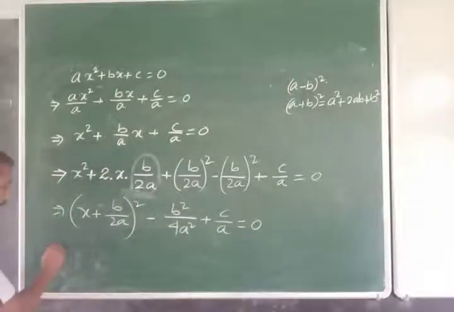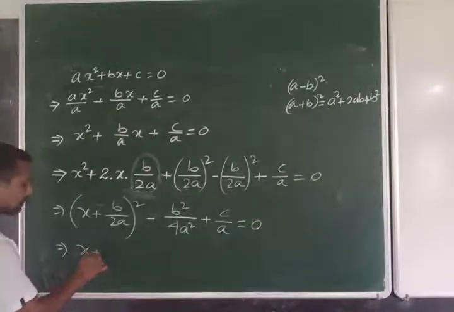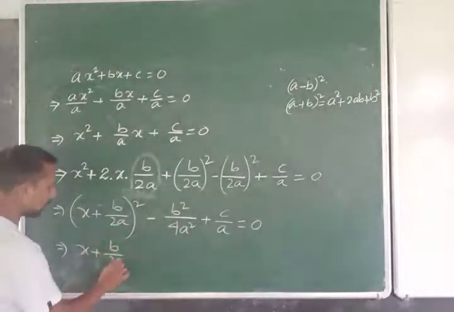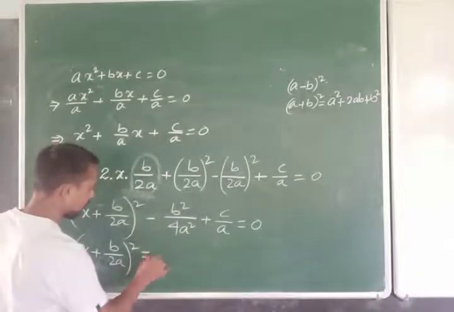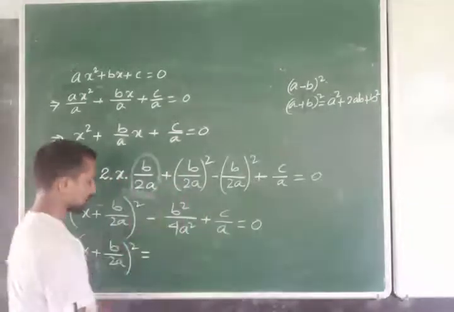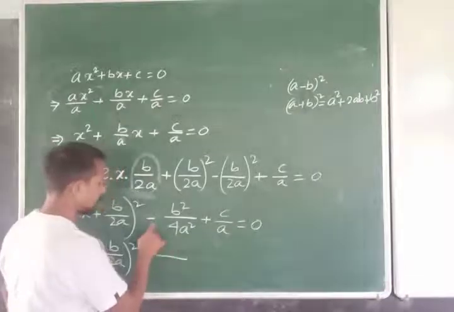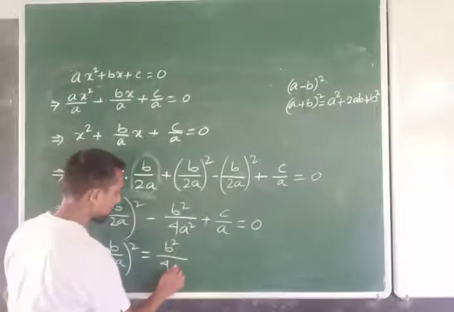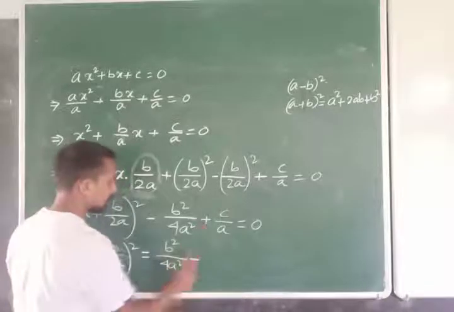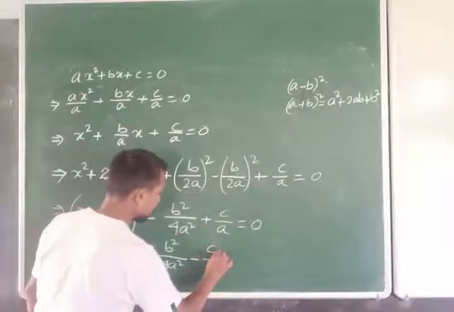The next step: x plus b by twice a whole square equals, let us take this part to that side, which is plus b square by 4a square. This plus changes to minus, c by a.